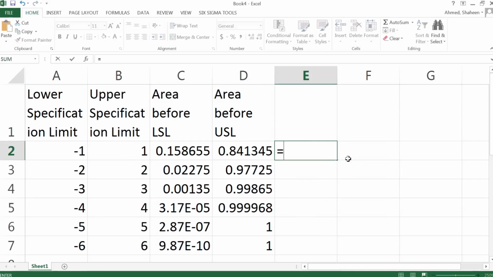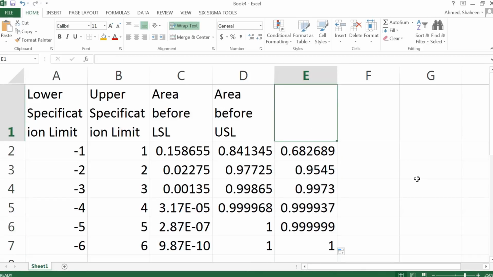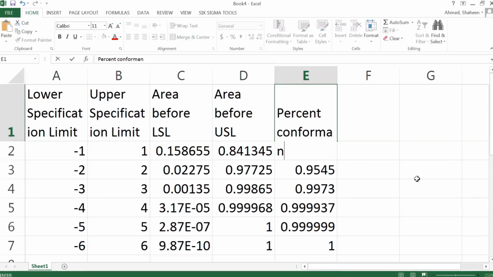Let's find out. So this should be equal to 68.27. As you can see, the probability within 1 in Excel is expressed in the Montgomery book in percentage. So percent conformance.